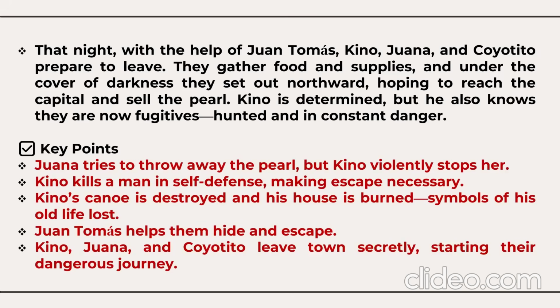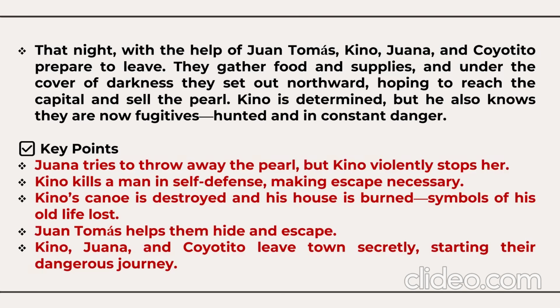So, what are the key points of chapter number 5? Joanna tries to throw away the pearl, but Kino violently stops her. Kino kills a man in self defense, making escape necessary. Kino's canoe is destroyed and his house is burnt, which shows his old life is lost.